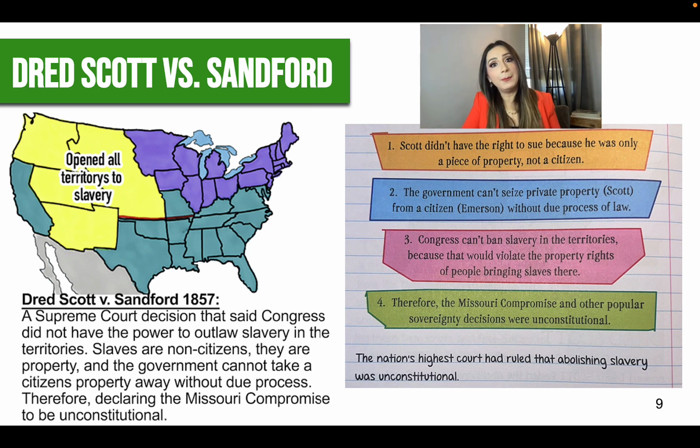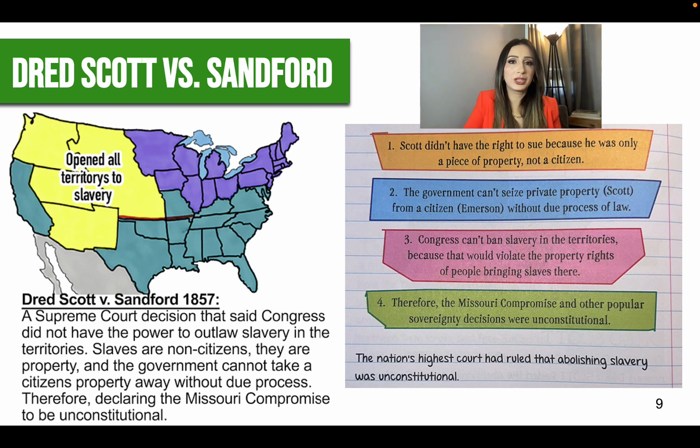So what does that mean? All of these compromises that have to do with territories, saying slavery is allowed, slavery is not allowed, we can't do that. That's unconstitutional. Slaves are property, so the government cannot take your property away. Therefore, slavery is allowed in all the Western territories. And the Missouri Compromise that had that line that said from here north, no more slavery, that's unconstitutional.